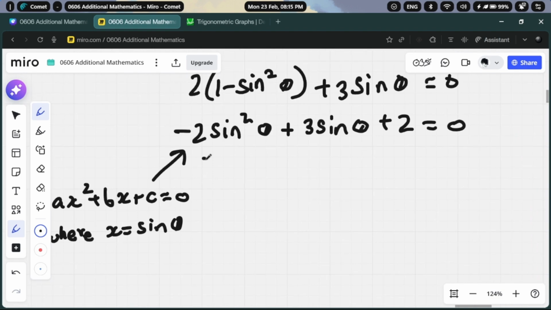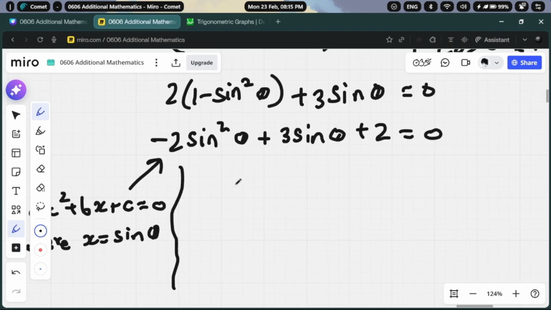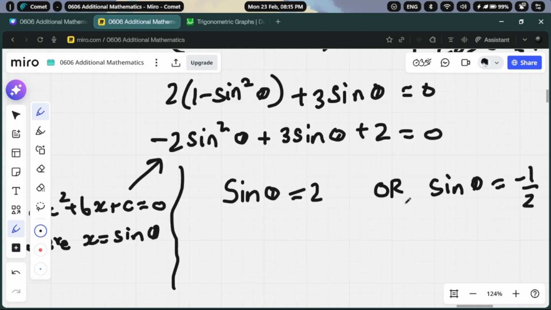So you can just use your calculator right away and solve for x, which is sine theta in this case. Minus 2, 3 and 2 are the coefficients, and you get sine theta is equal to 2, or sine theta is equal to minus 1 over 2.